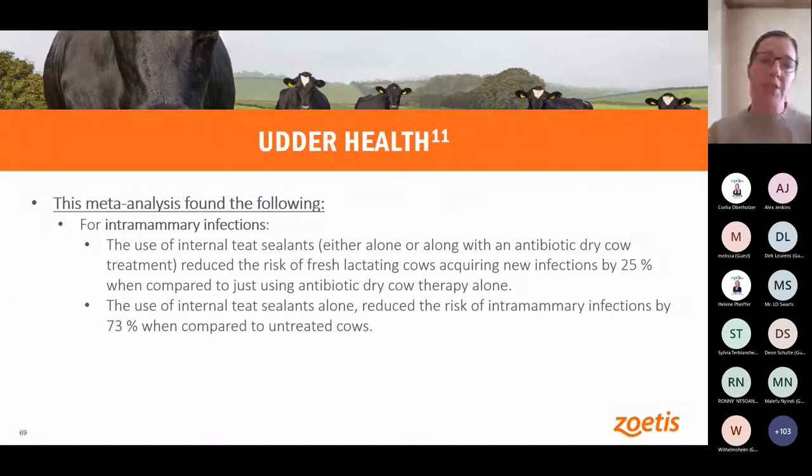And then when they used internal teat sealants by itself, compared to animals that did not receive anything, so no teat sealant, no antibiotic dry cow therapy, it reduced the risk of intramammary infections by 73%.